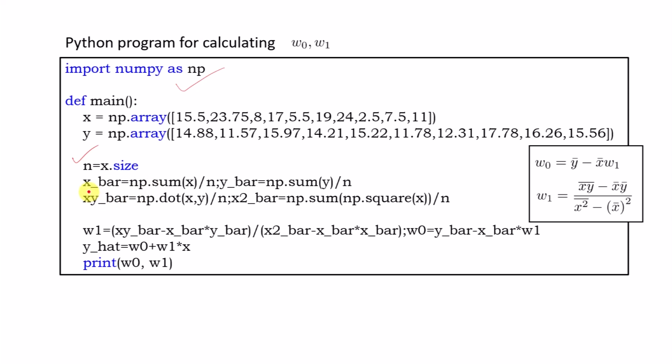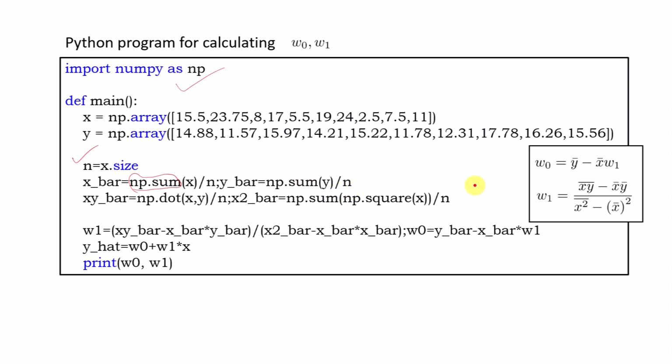Now X bar will be np.sum(X), and this np.sum will actually sum all the members in X, and then you divide by N, which is the size of X. That gives us average X. Similarly, average Y is np.sum(Y) divided by N.